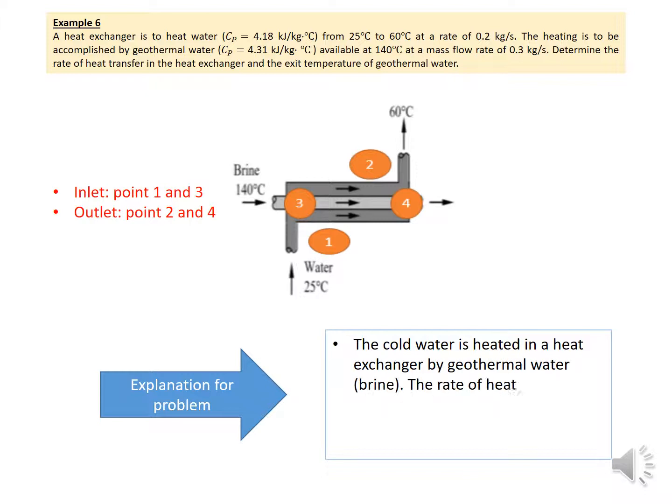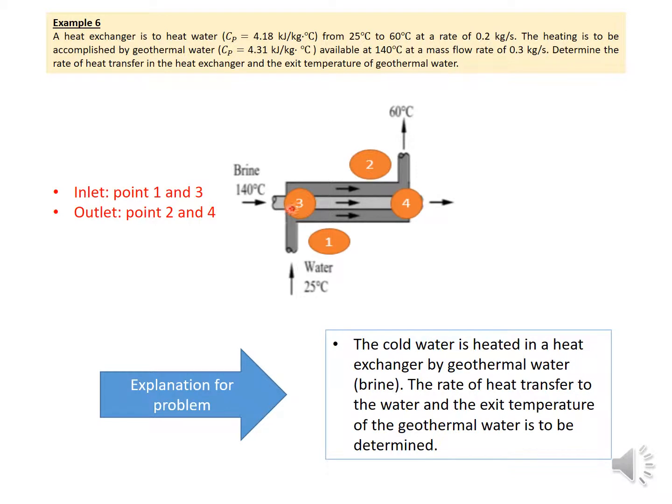Now, from the diagram, we mark the inlets at point 3 and point 1, and the outlets at point 2 and point 4. The cold water is heated in the heat exchanger by the geothermal water.